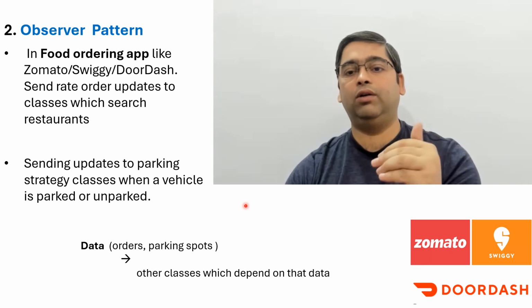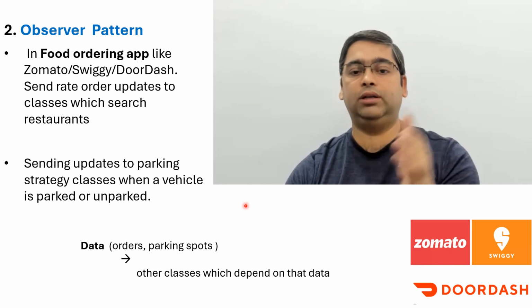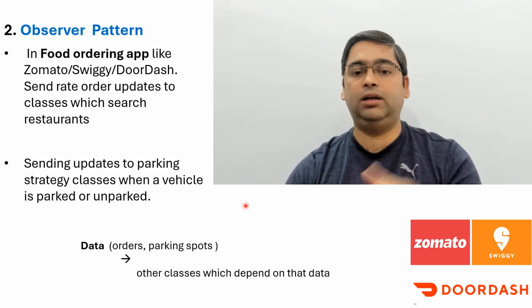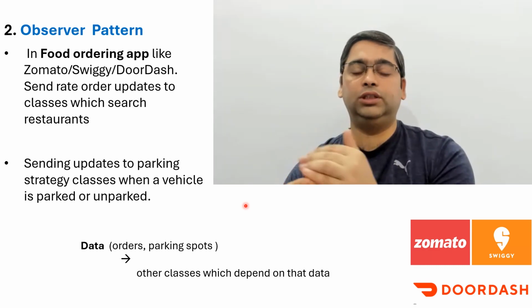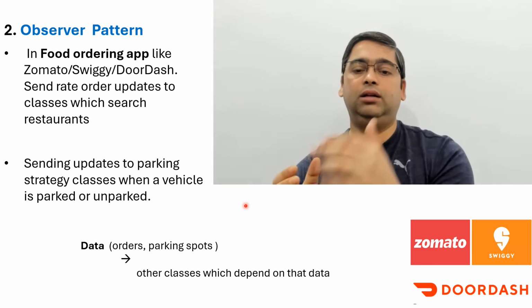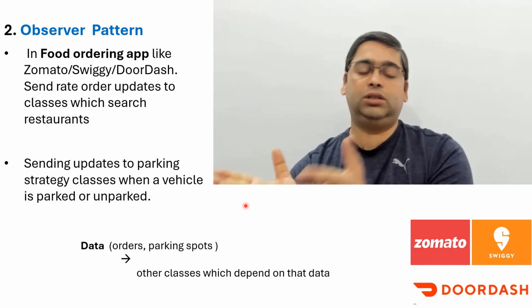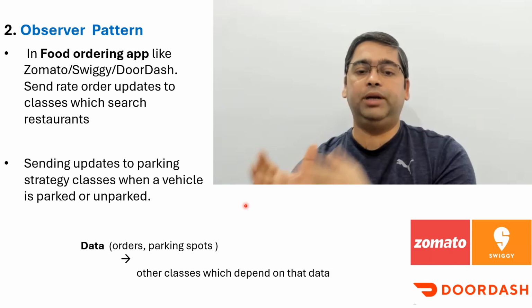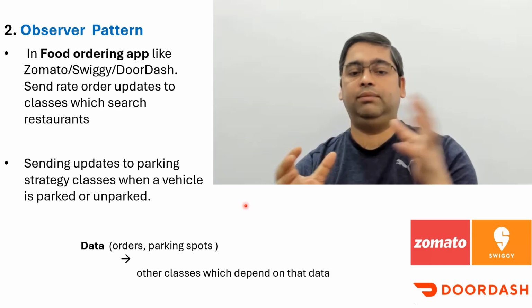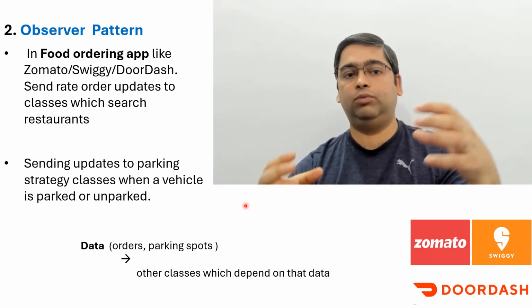and they just update them whenever any new order gets rated, that is, the rateOrder method is called inside the order manager, and an update is sent to these classes, and they update their internal data structure, which can be either a list or a map or a combination of it, or some tree set, something like that. This is what the observer pattern is doing.